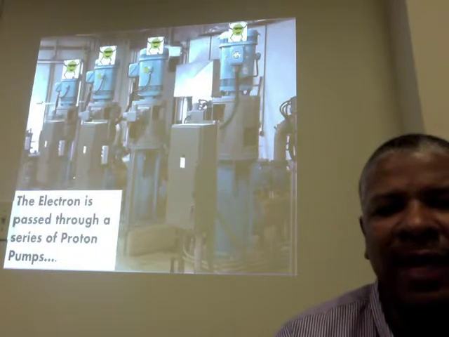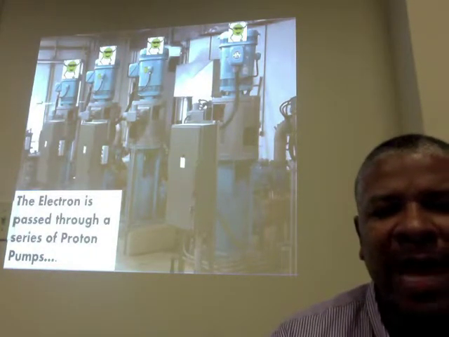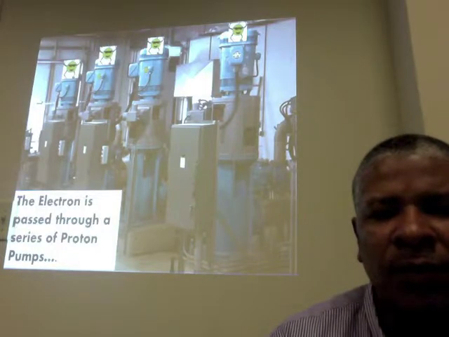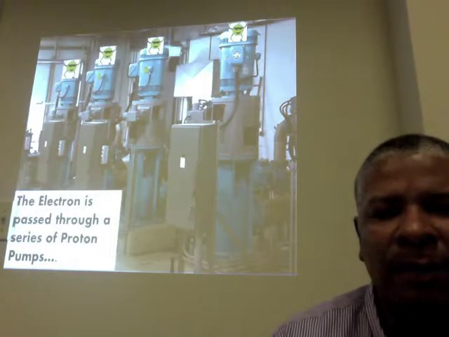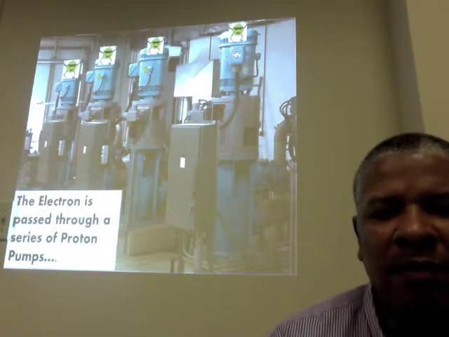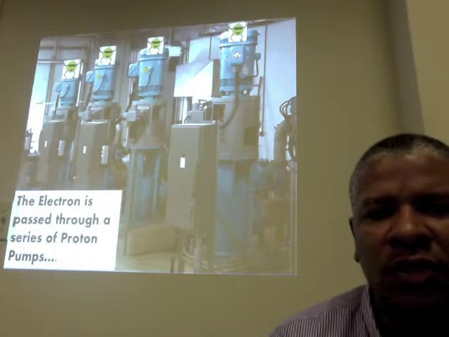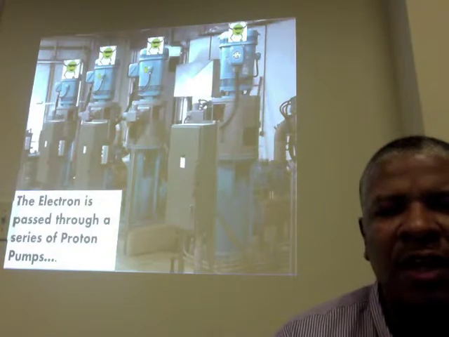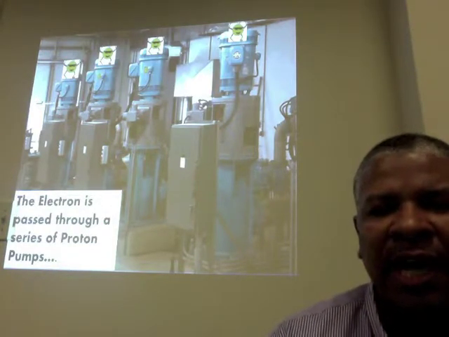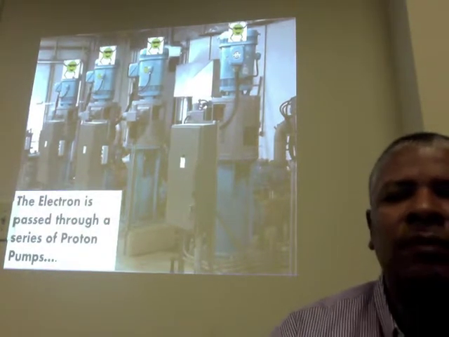So back to our excited electron. Now he's going to be passed through a series of proton pumps. Now these pumps, they work hard. And what they do for energy is they use just a little bit of energy from the electron every time he passes through a pump.